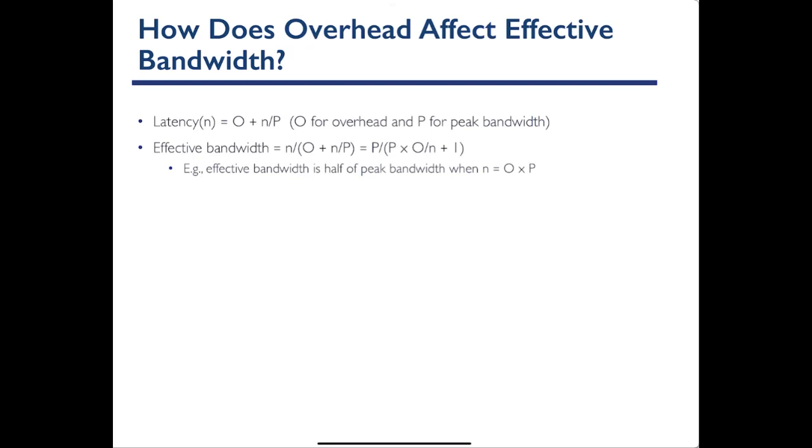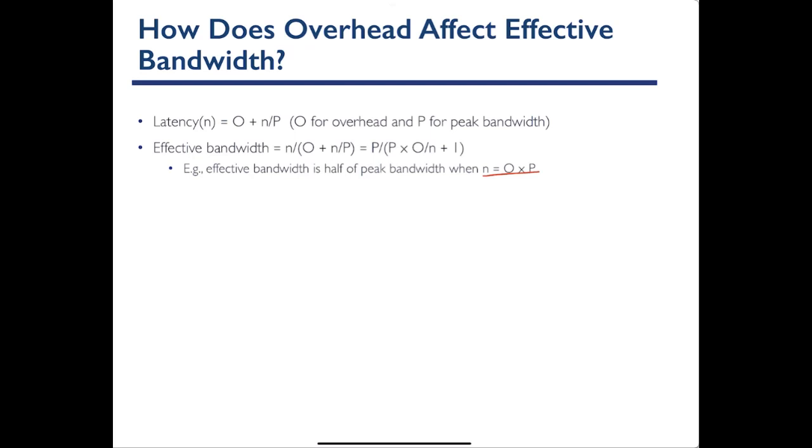Now, as you can see, this effective bandwidth depends on n. So does the latency. Latency is a linear function of n. The more data you want to transfer, the higher your latency is, obviously. The same with effective bandwidth. Now let's put n equals O times p in this equation.